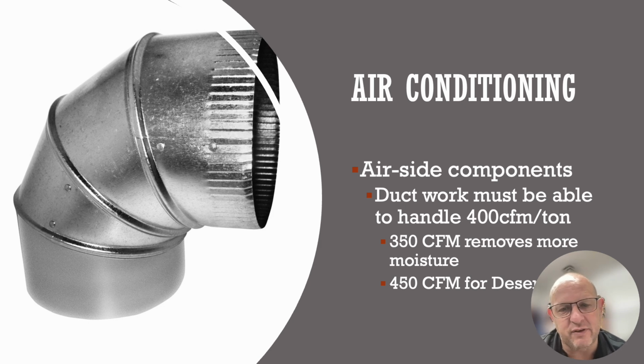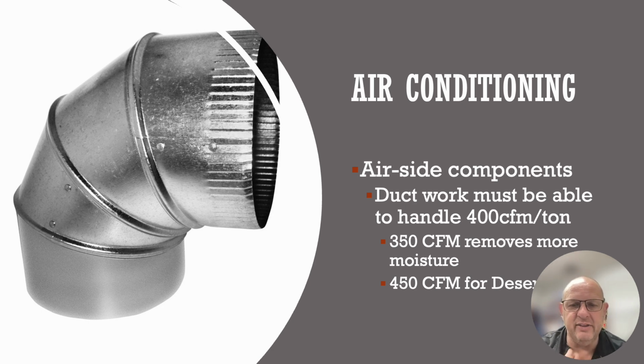Now, we can use different figures depending upon moisture removal or certain arid conditions, such as in the desert. For moisture removal, we want to slow that fan speed down. Then we'll end up with more latent heat removal from that air. We'll get more moisture out of it if we slow the fan speed down.